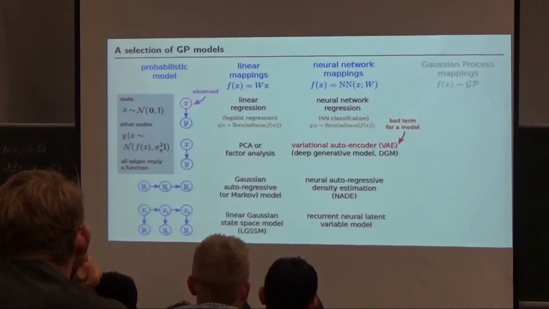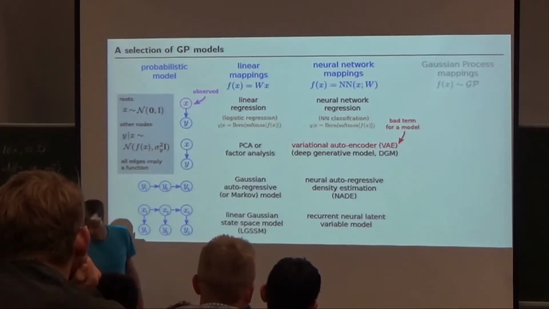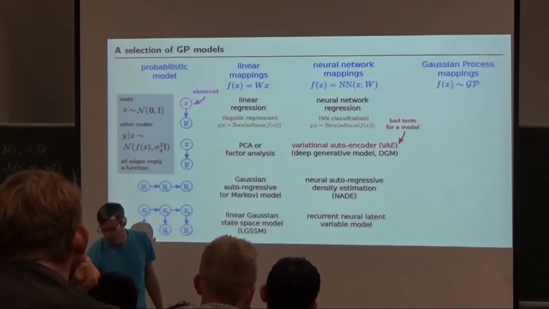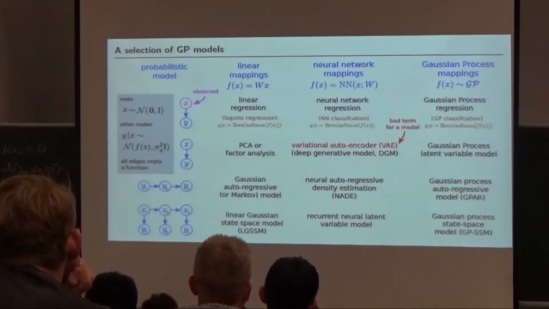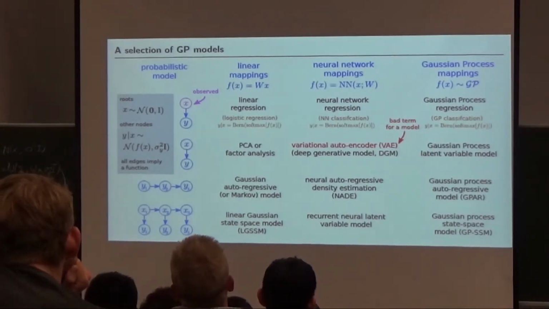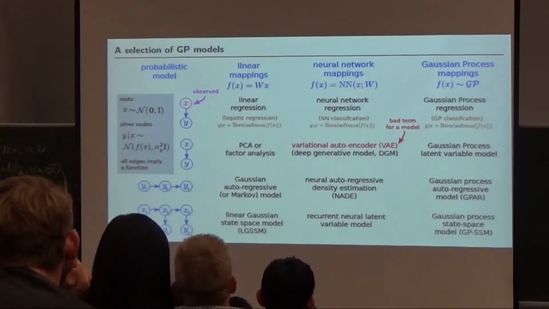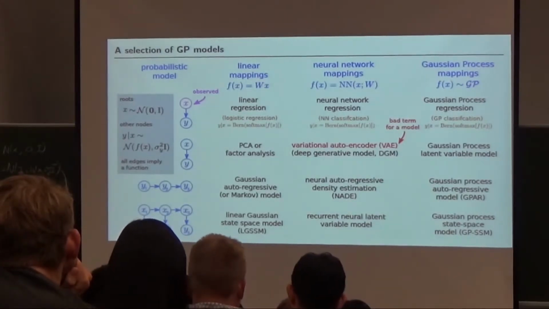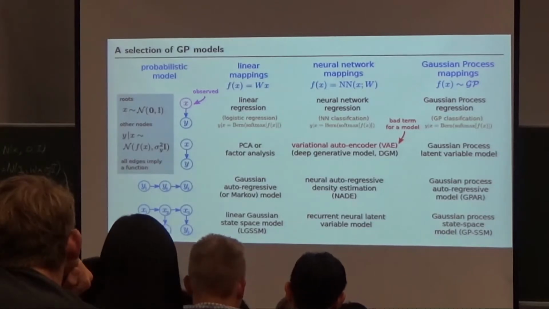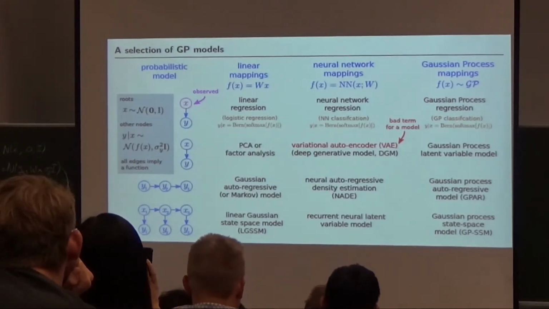But of course, you don't need to use neural networks, you could use Gaussian processes. You could replace each one of these functions with a Gaussian process, so this is a whole other slew of publications. We've already met Gaussian process regression through what we've been looking at so far.